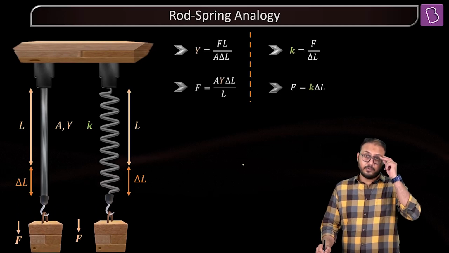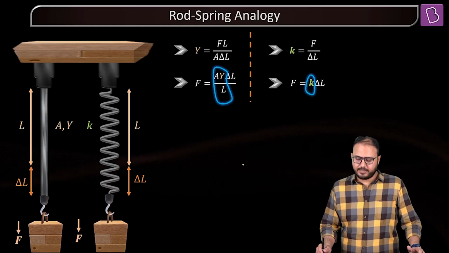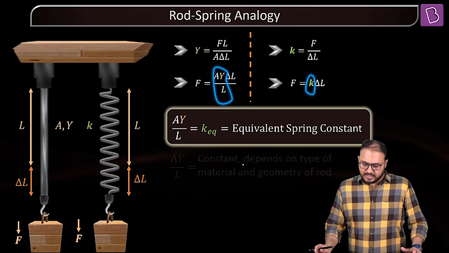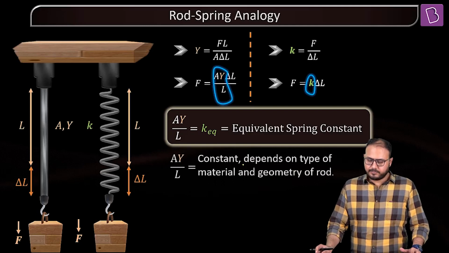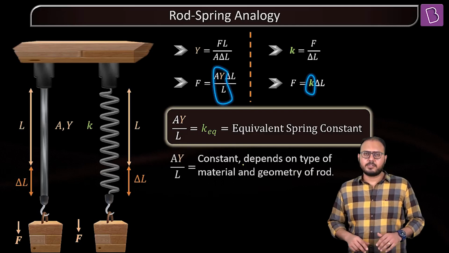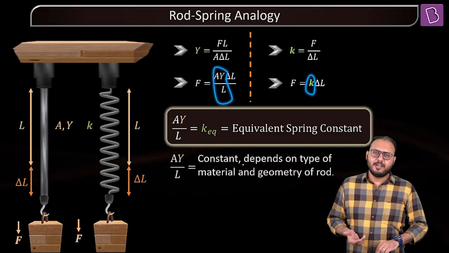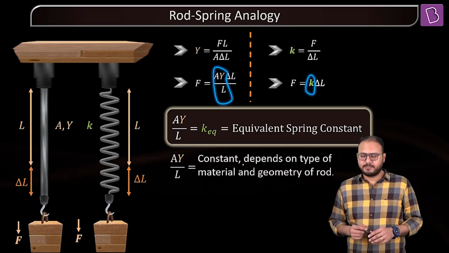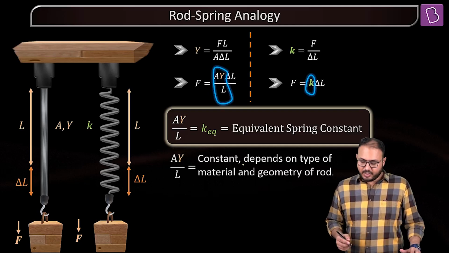Here we go. This is what I meant. The equivalent spring constant is AY by L. What does AY by L depend on? A, Y, and L. A and L are geometry, dimension, size. And Y is the nature of the material.